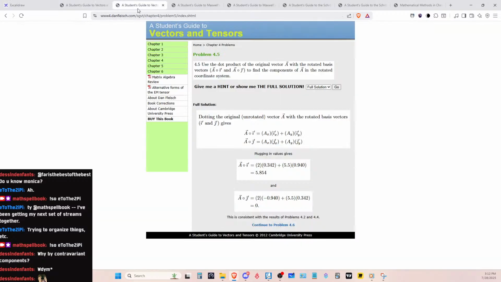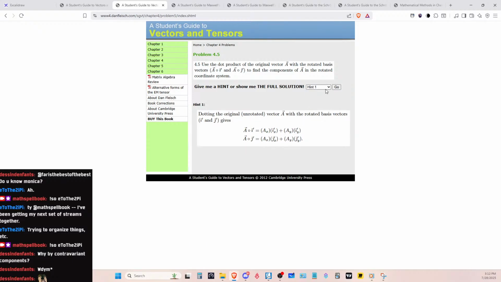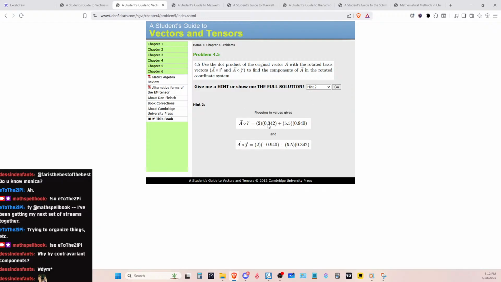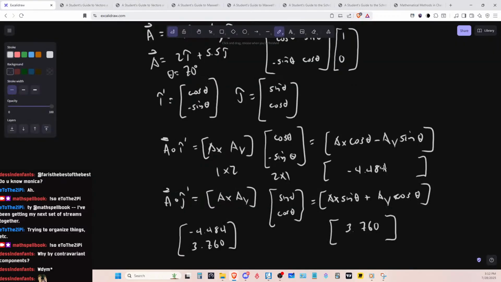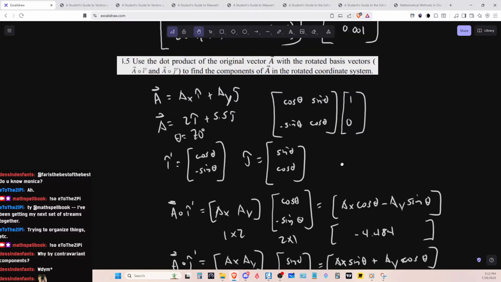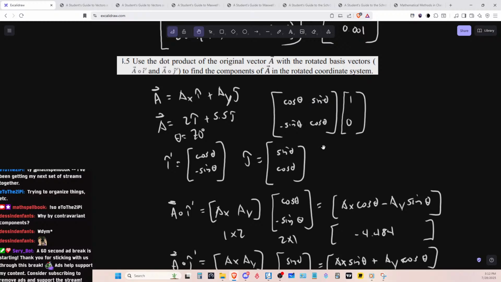The wrong transformation matrix. Probably did. Let me see. Yeah, I think I did, because I think this one is supposed to be the -1. Let's see, rotated.